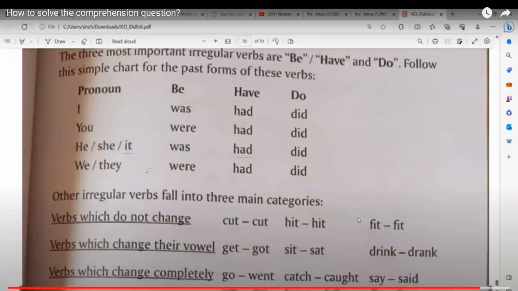It and had. Okay. It had a doggy. No, it had a bunch of grapes.